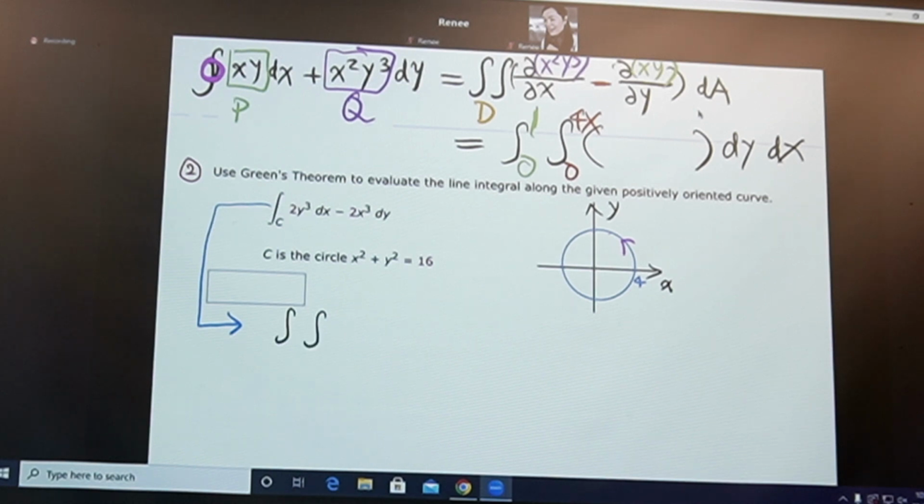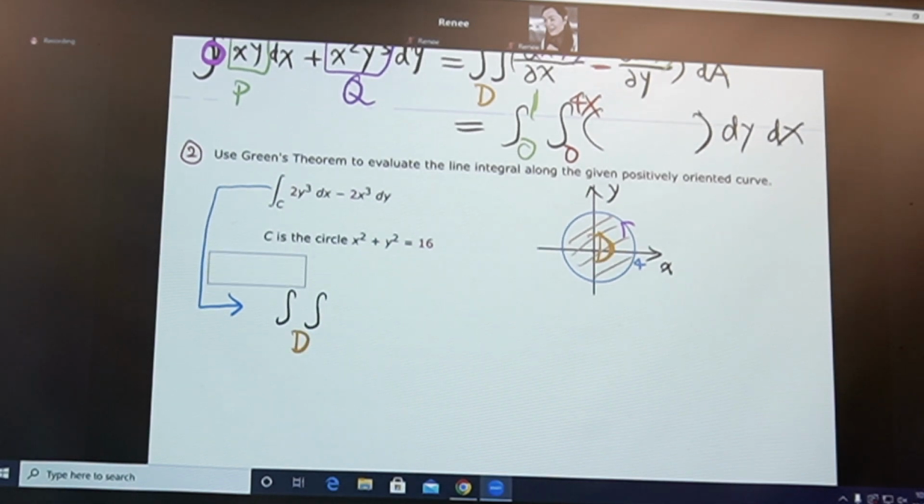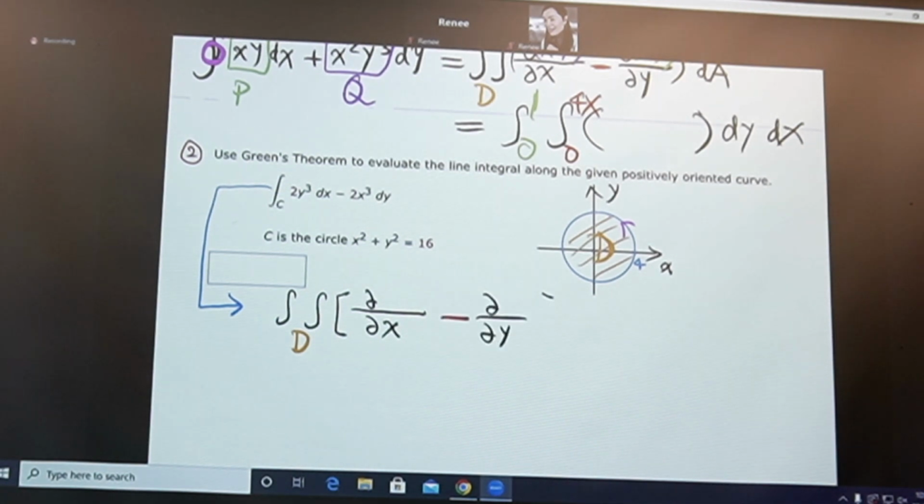Let's call that region inside D. And what should I put inside this double integral? Partial derivative with respect to x minus partial derivative with respect to y, and then dA, right?